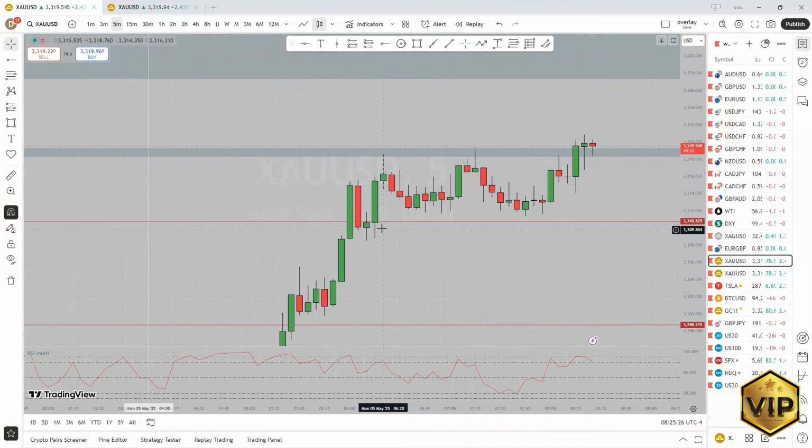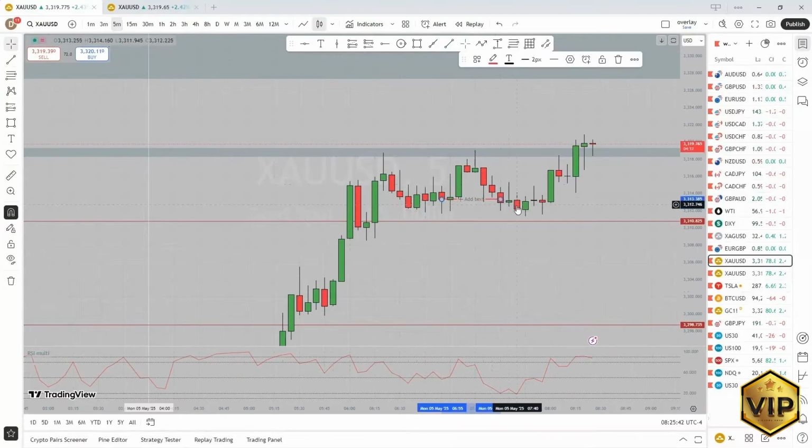Ideally, I would like to see M5 break to the downside first. That's number one, and number two is just looking at candlestick patterns. So here you've got nothing. Then you've got this here, but it never really showed me any bearish movement.